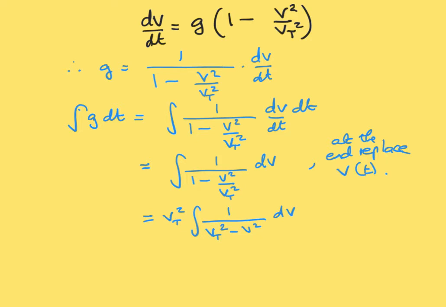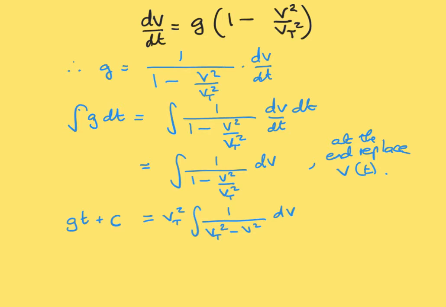And on this side we have the integral of g with respect to t, and we can write that down immediately. So it is g times t plus some integration constant that we can fix later on.